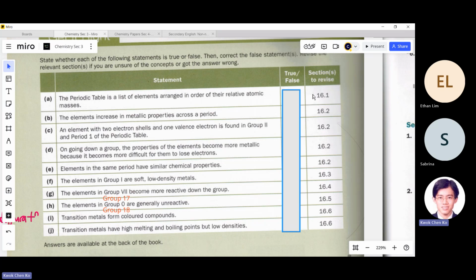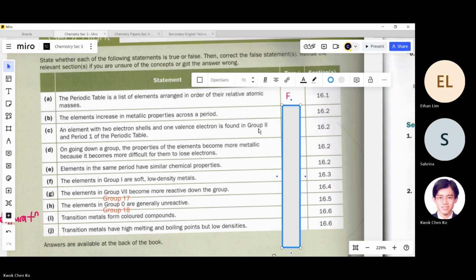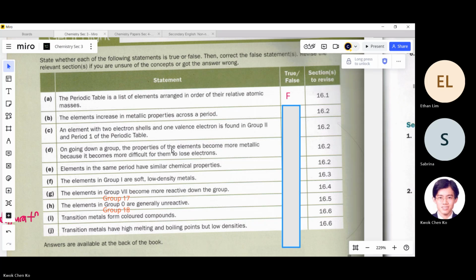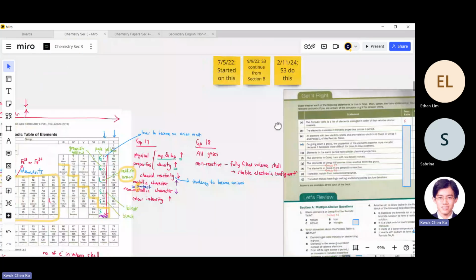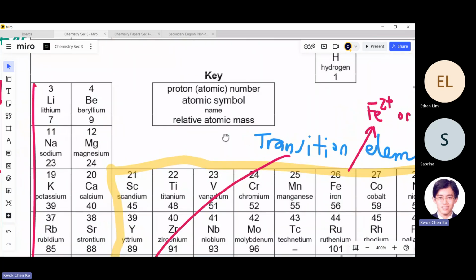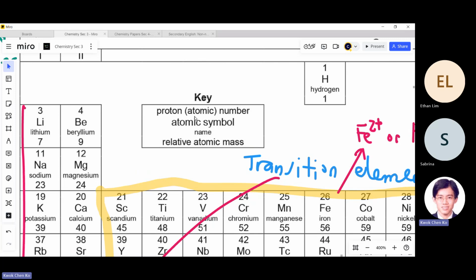True or false? Michelle, A. Are they arranged by relative atomic mass? No, not exactly. Go back to your periodic table. In case you've forgotten what is what, you can look at the key here.